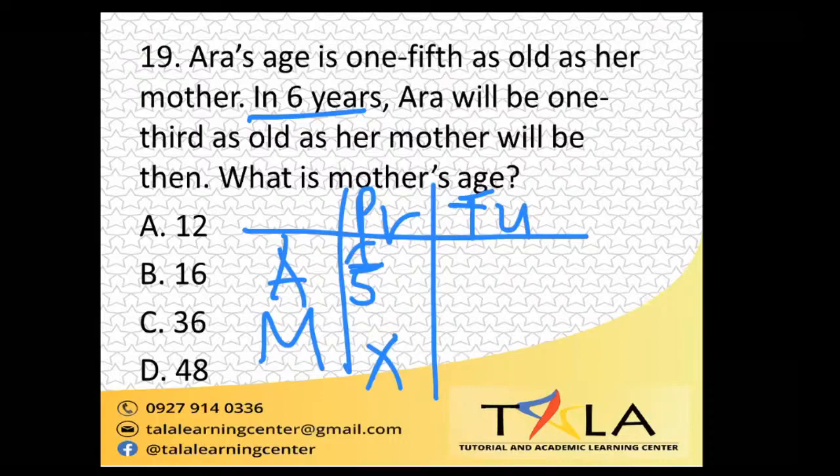In 6 years, pag nagdagdag daw ng 6 years, ang age daw ni Ara ay hindi na 1/5. 1/3 na daw nung age ng mother. Okay? So, ano kaya yung age ni mother? Sige nga, tignan natin. Chat box, guys. Ano kaya ang sagot natin?